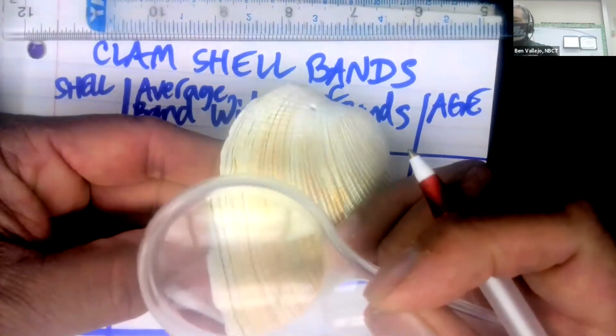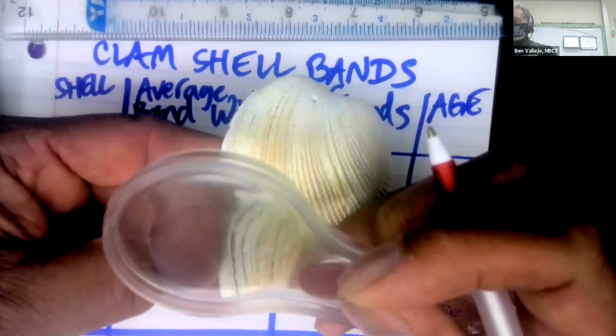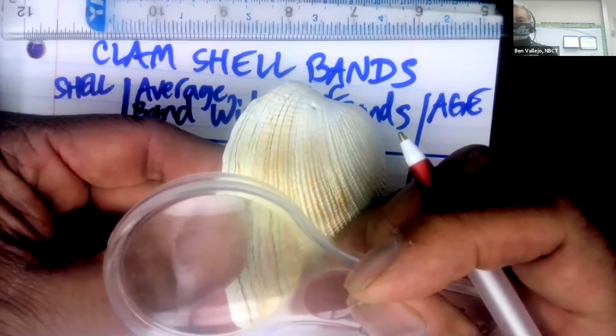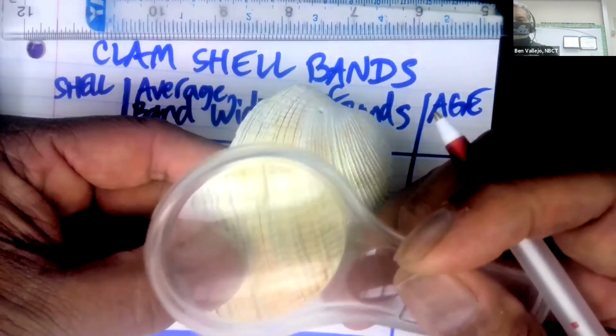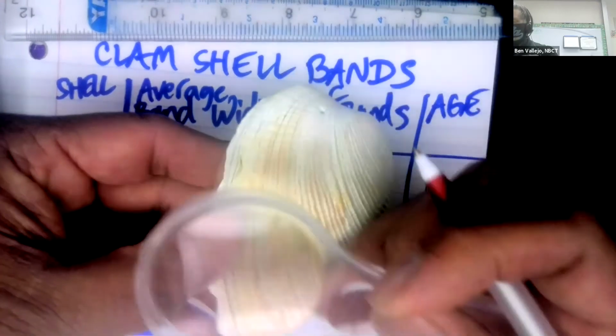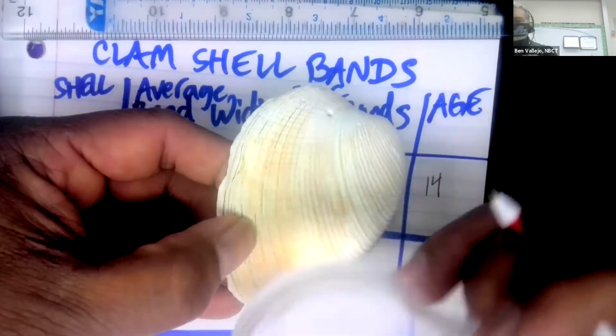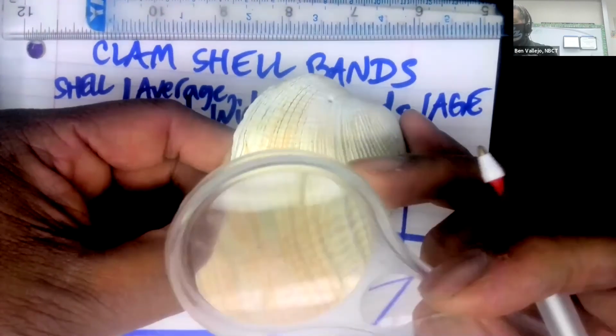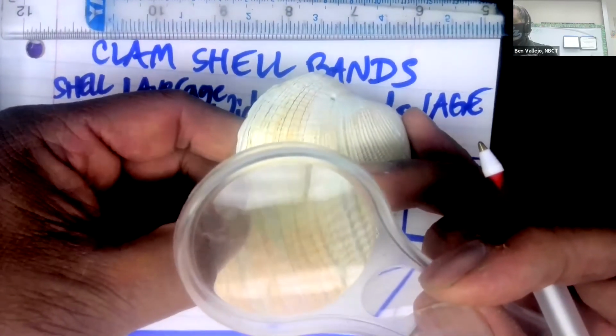Right. That's 1, 2, 3, 4, 5. Then it goes over to here, 6. And 7, 8.